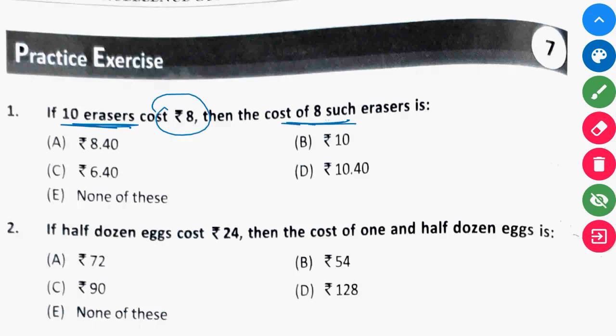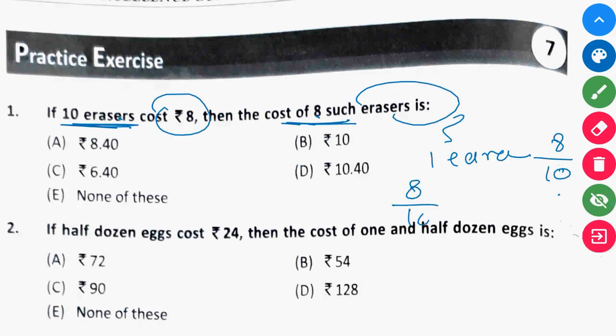What is the cost of 8 such erasers? So the cost of one eraser is 8 divided by 10, and we have to find 8 such erasers. So 8 divided by 10 multiplied by 8. It becomes 8 eights are 64, divided by 10, which means 6.4 rupees.